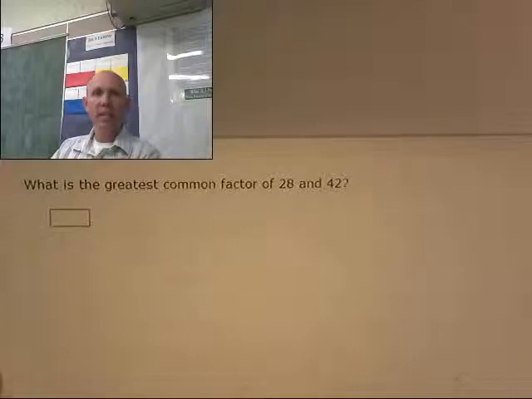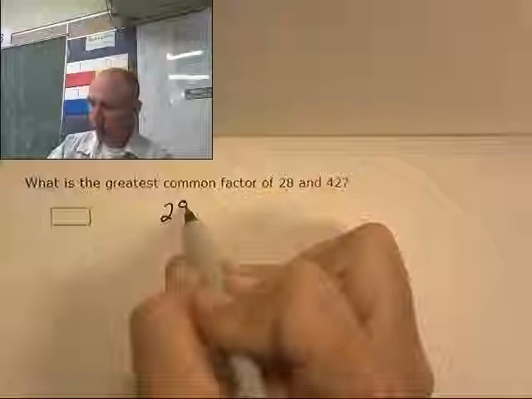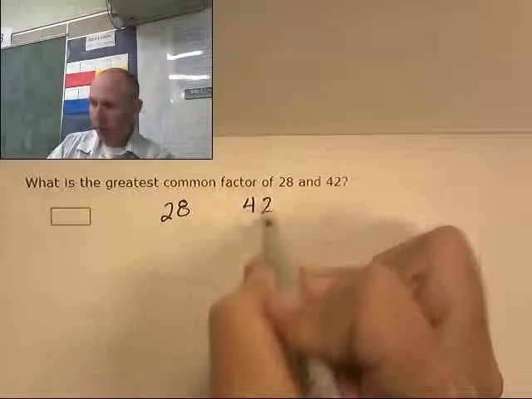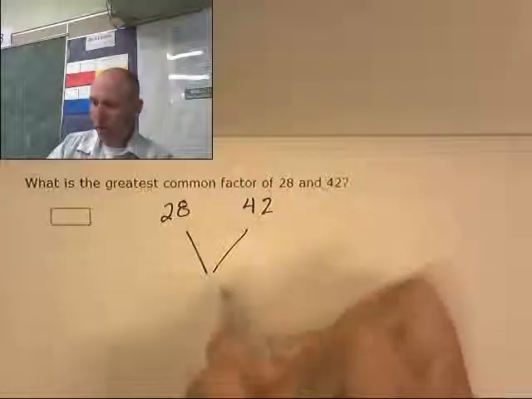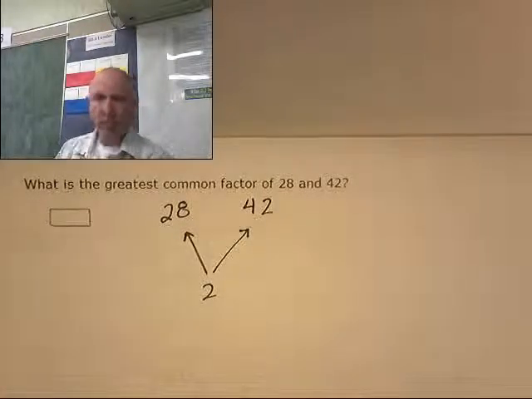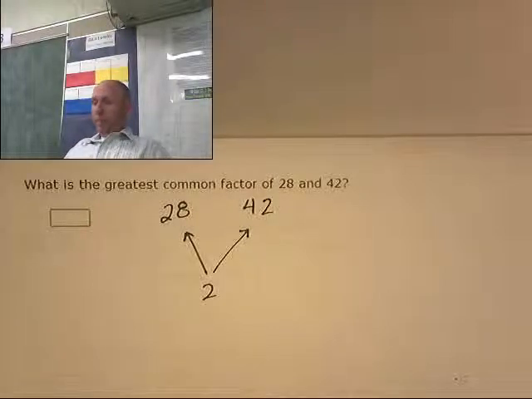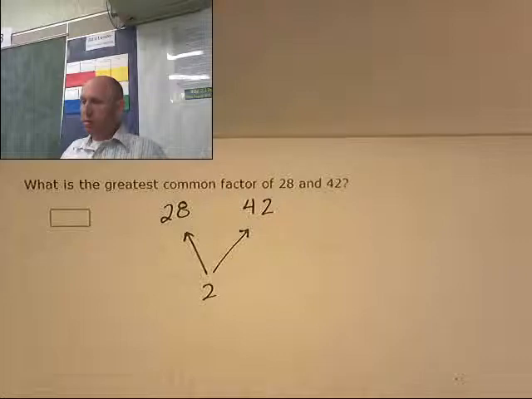What is the greatest common factor of 28 and 42? Okay, 28, 42. What do you think? A 2? Can we get bigger? How about a 4? Can a 4 get into this thing? 4 is not going to get into that 42.